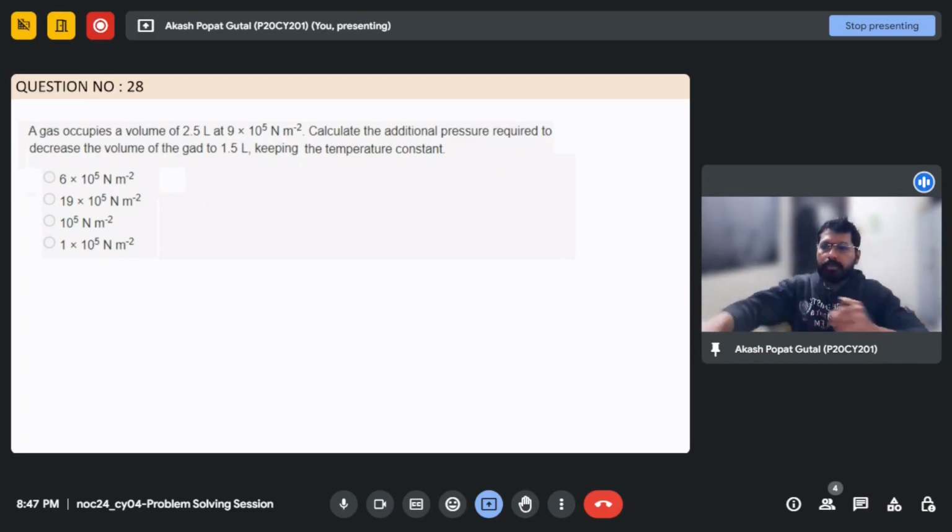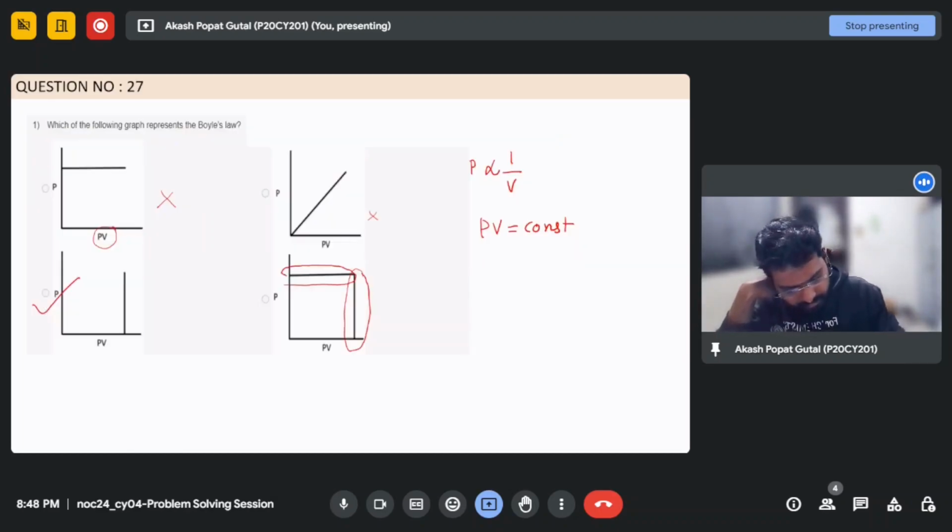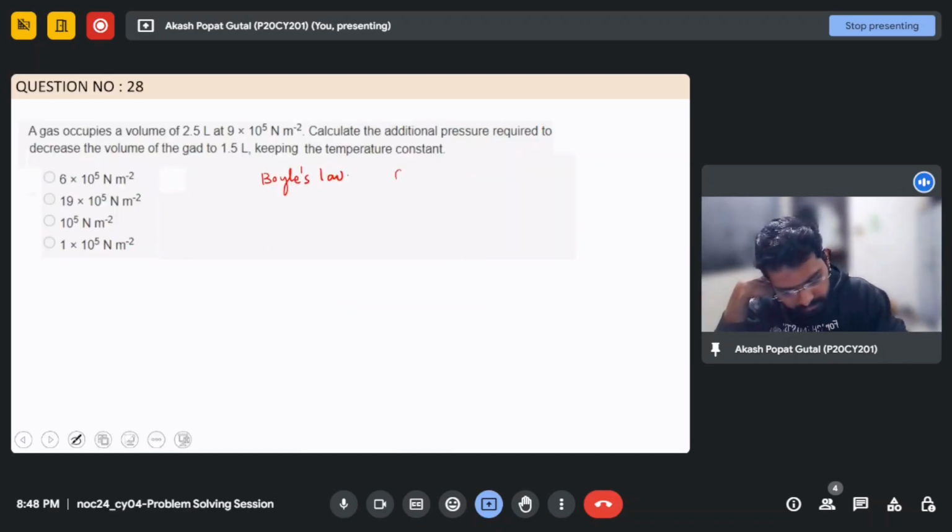So this is a question about a gas occupying a volume of 2.5 liter at 9 into 10 raised to 5 Newton per meter square. Calculate the additional pressure required to decrease the volume of the gas to 1.5 liter, keeping the temperature constant. This is also a question about Boyle's law. Let's write what is given.